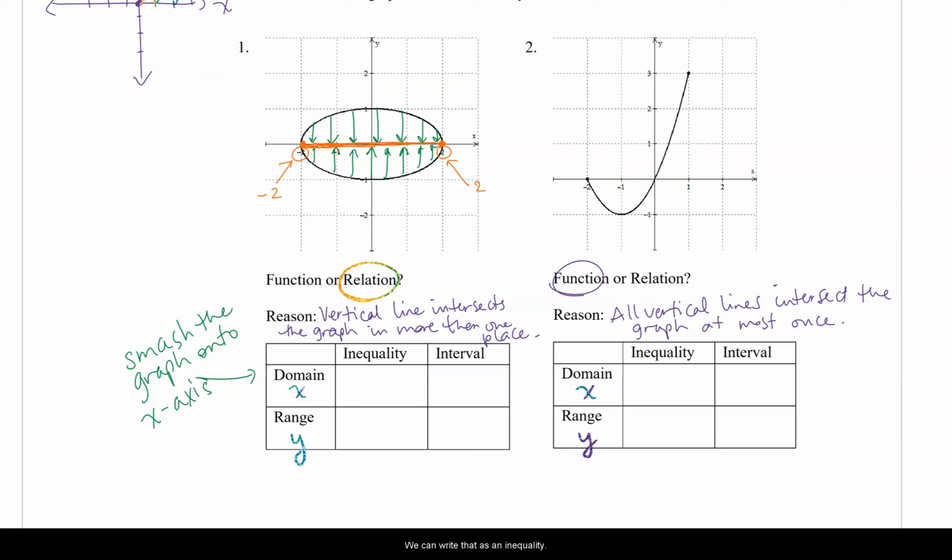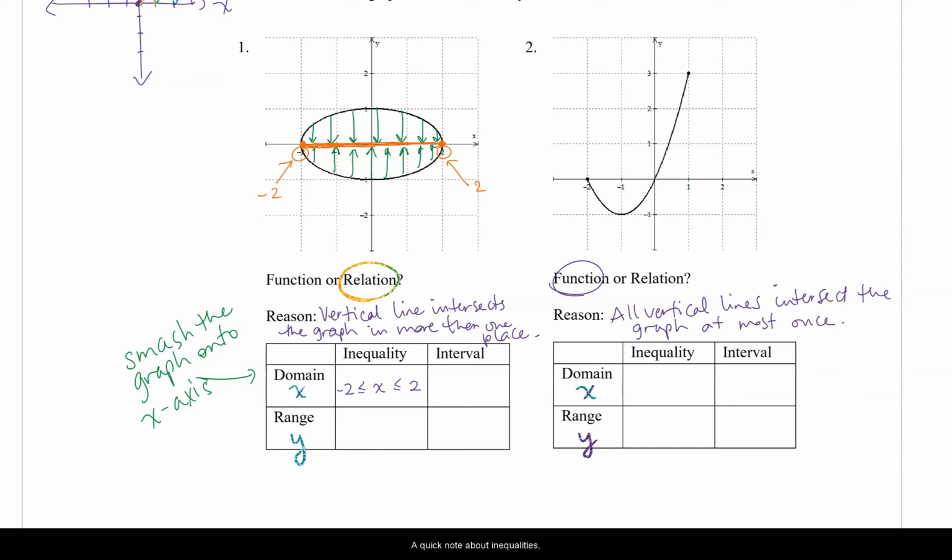We can write that as an inequality because we're talking about x values. We're going to put x in the middle for this situation. x is between -2 and 2. So -2 is less than or equal to x, is less than or equal to 2.